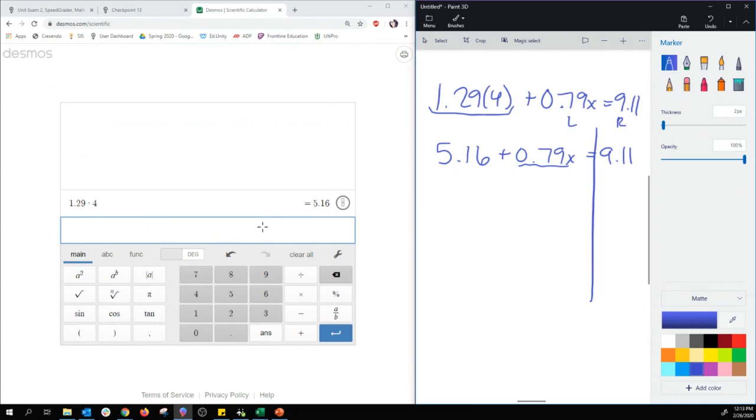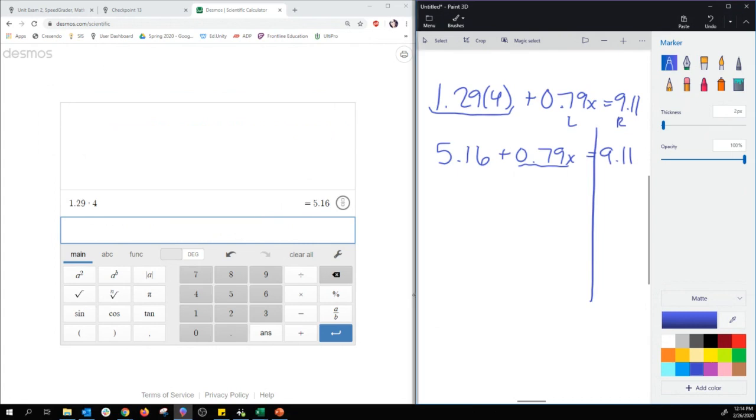But is 5.16 a positive number or a negative number? Do you guys think it's positive or negative? Positive, right? Because there's no negative sign in front of it. So it's the opposite of a positive number. What would be the opposite of a positive?